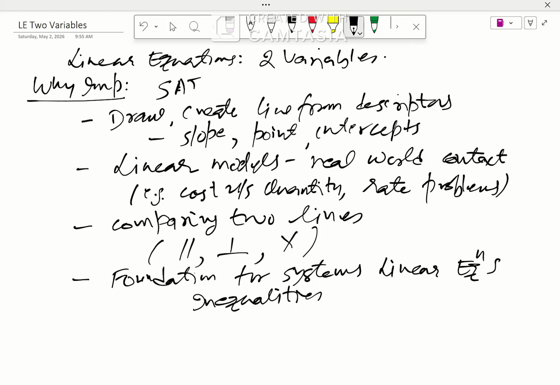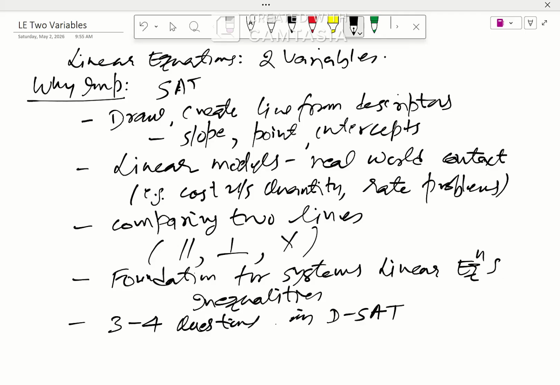You can expect 3 to 4 questions from this topic, that is linear equations in two variables, in your DSAT. So that is why we are saying that this topic is important.